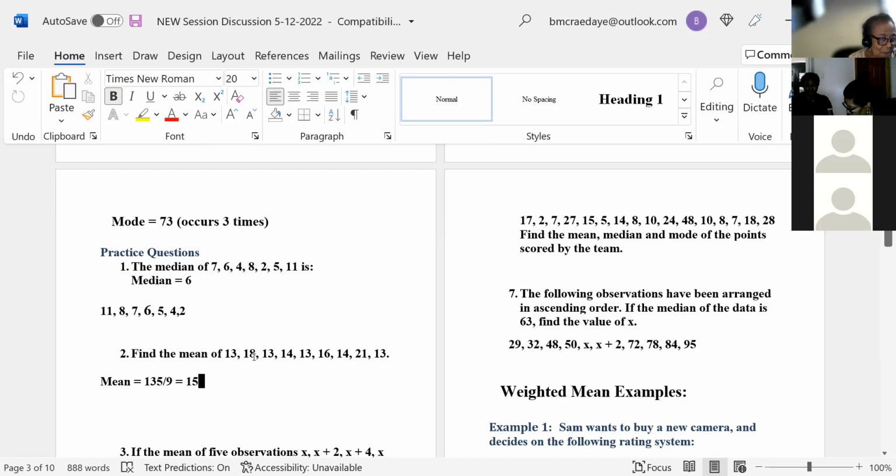And then 2 14s is 28. And then you just add the 18 and the 21 and the 16, right? So you make your work simpler by combining likes.